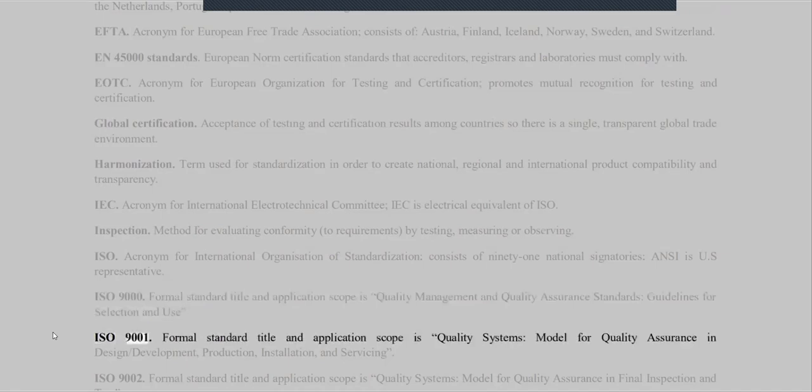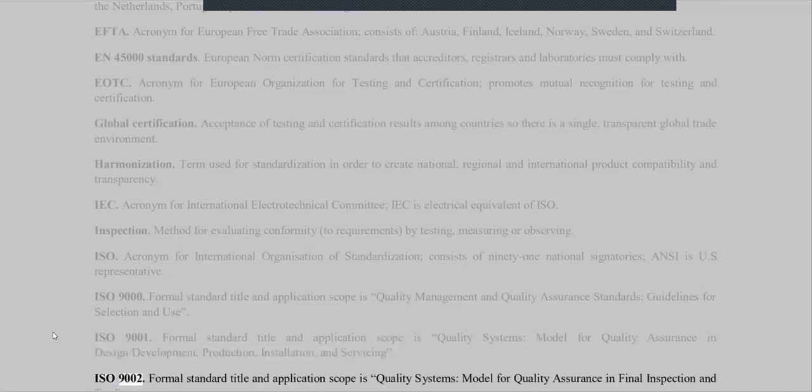ISO 9001. Formal standard title and application scope is Quality Systems, Model for Quality Assurance in Design, Development, Production, Installation, and Servicing. ISO 9002. Formal standard title and application scope is Quality Systems, Model for Quality Assurance in Production and Installation.